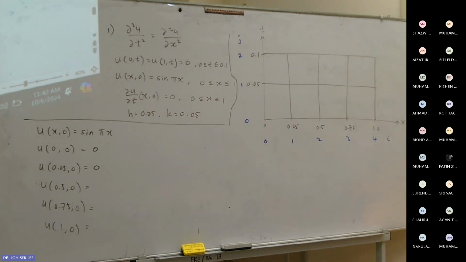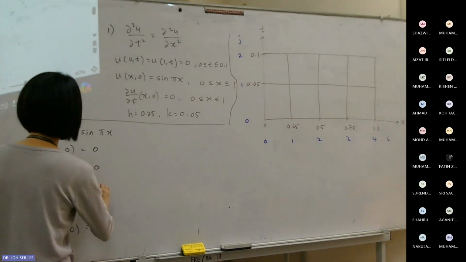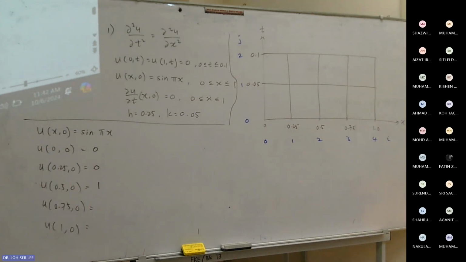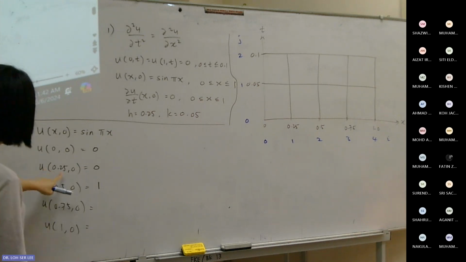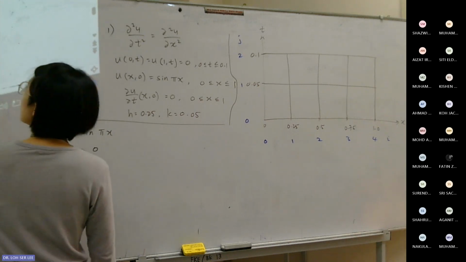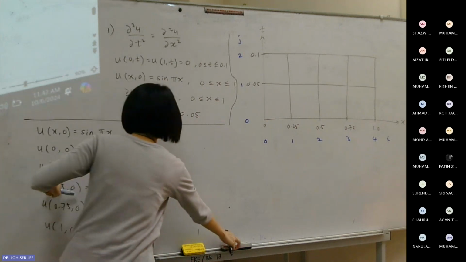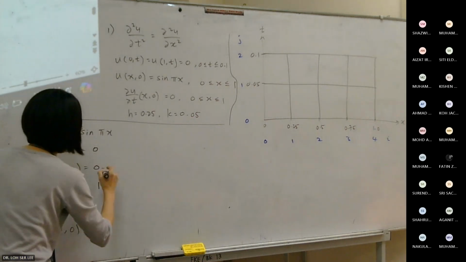Here, the 0 is 1. This is 1. Pi of this is 0.7071. Yes.